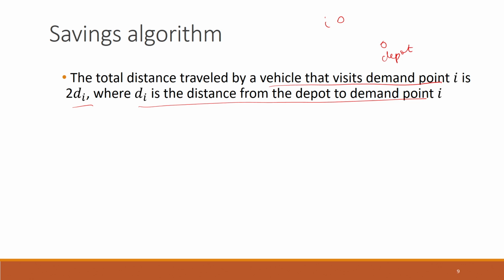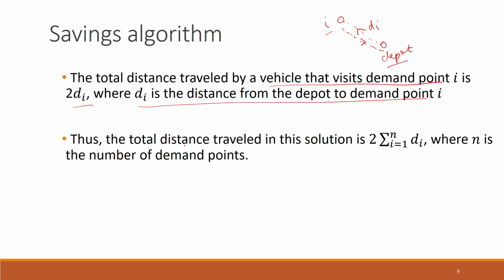Let us assume that the distance to go from depot node to point I is the same to go from point I to depot node, okay. So, okay, so this total distance that will be covered by a single vehicle, which starts from this depot node and it goes to point I and then comes back. So, this will be equal to 2 di. Okay.